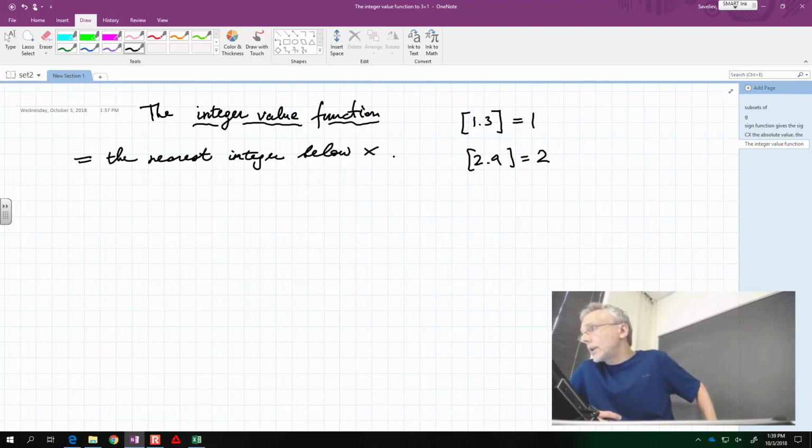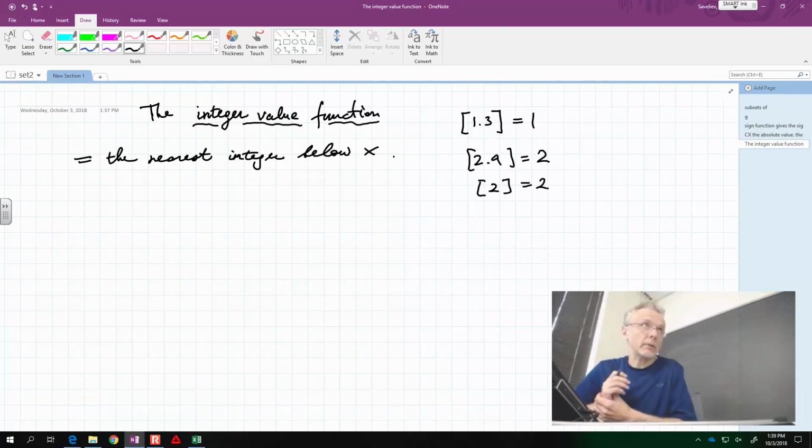It has got to be an integer, but it is not the nearest. When you round, you could round up or down. For example, 2.9 you would round up to 3, but this one is slightly simpler: you always go down, never up. Certainly worth mentioning that if you are already an integer, then nothing happens.